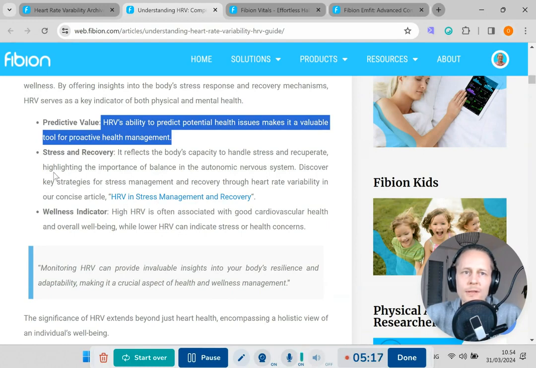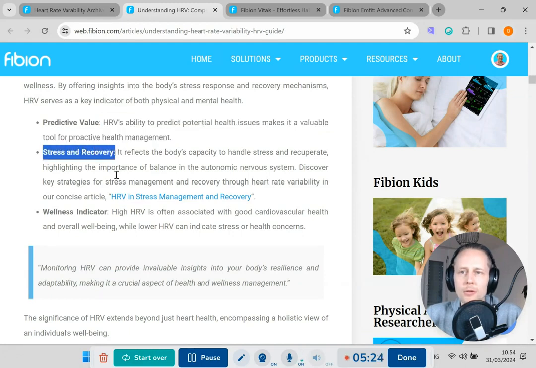And when we measure heart rate variability during sleep, it tells about the stress and recovery status of the body. When we are sleeping, we would like to see the parasympathetic nervous system dominating, so the body would be resting and recovering.